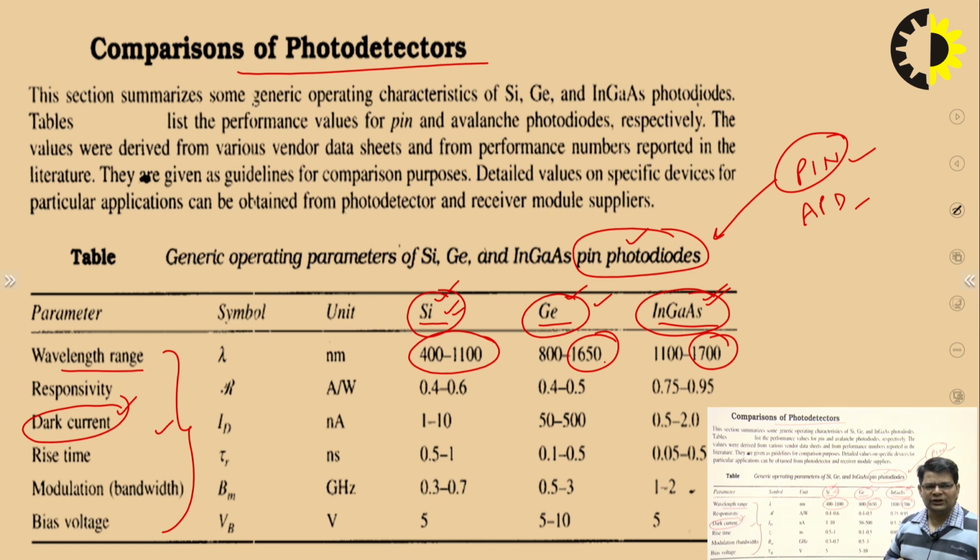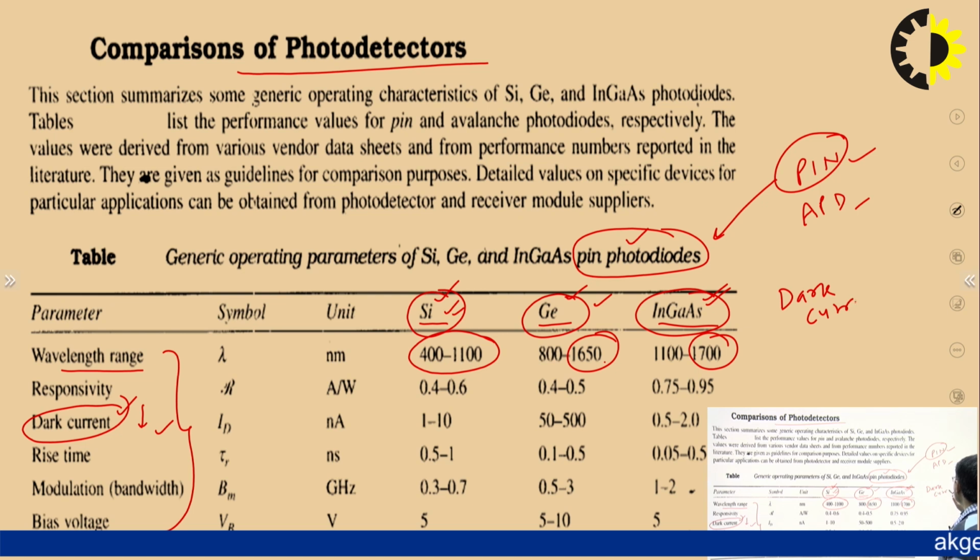This is basically noise, and this noise is known as the dark current. So dark current should be minimum, as low as possible.